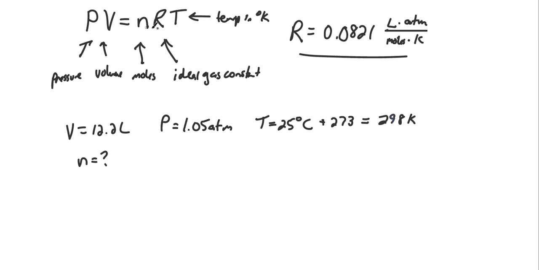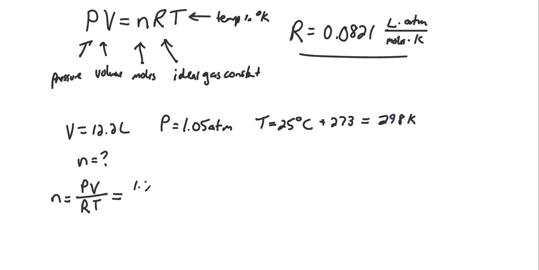We're looking for moles. Let's just rearrange the equation so moles is on one side. To get moles all by itself, we just have to divide both sides by RT. So that's going to give us an equation, n equals PV over RT. Then let's just plug in what we know.